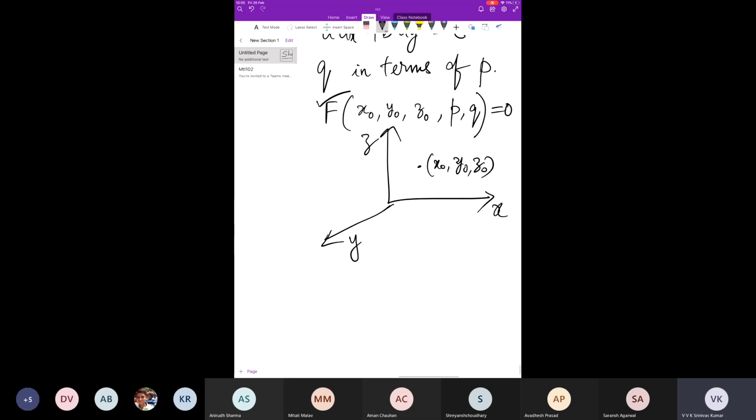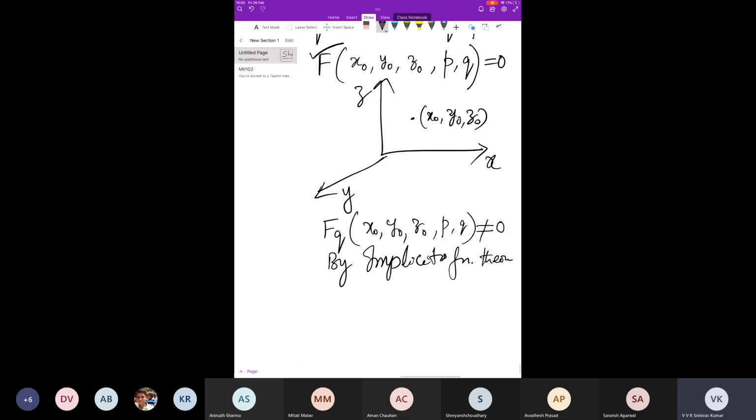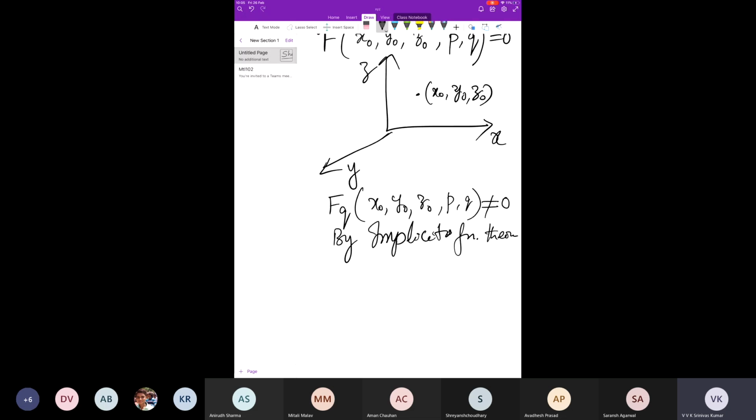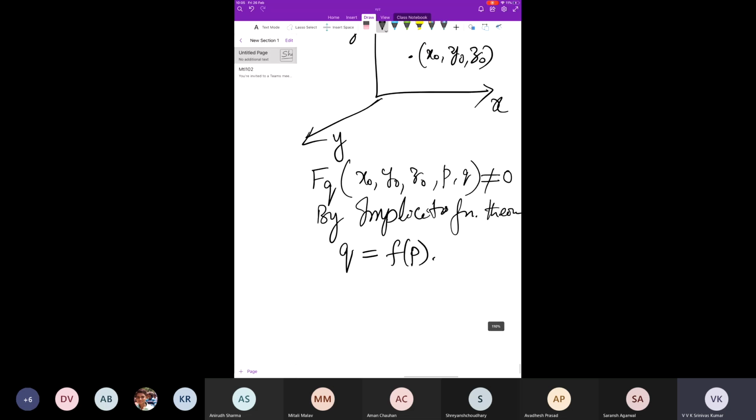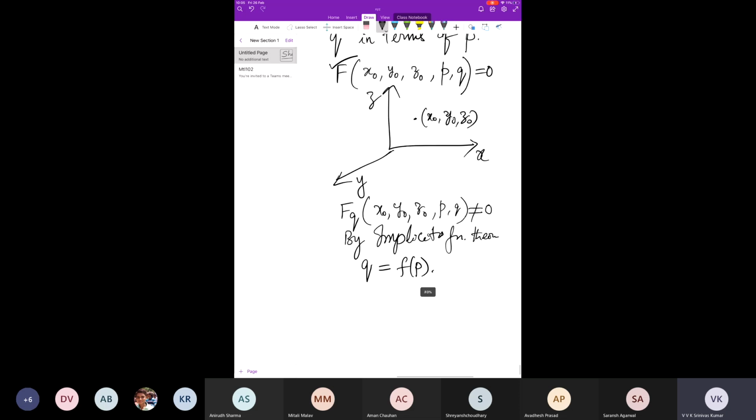With the assumption that fq at this point is not equal to 0, by the implicit function theorem, we can write q as a function of p.